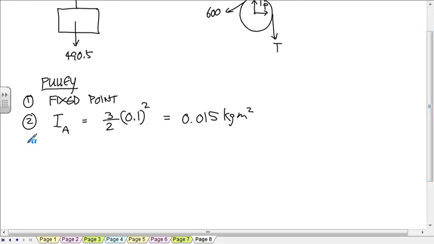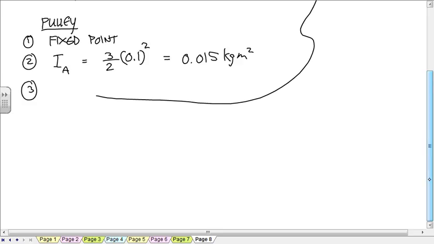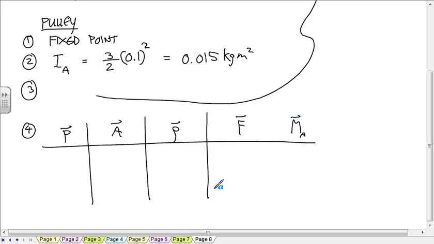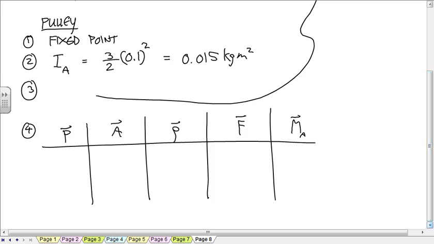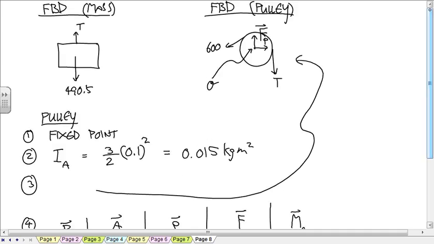We already have the free body diagram. That was step 3. So that's this. Step 4, write out the table. I'll put the coordinate system with the origin here, at the center of the pulley.